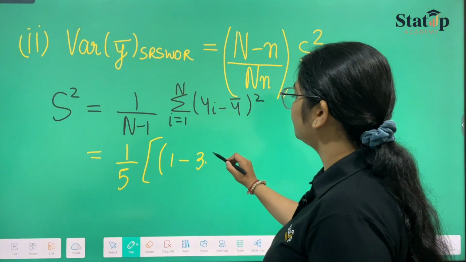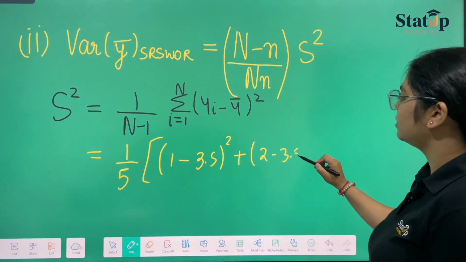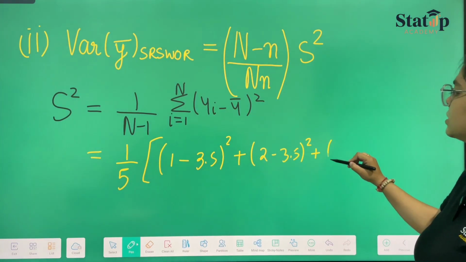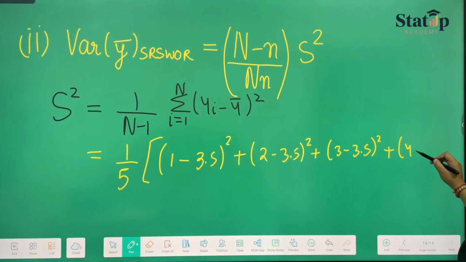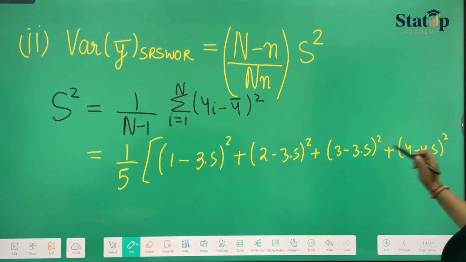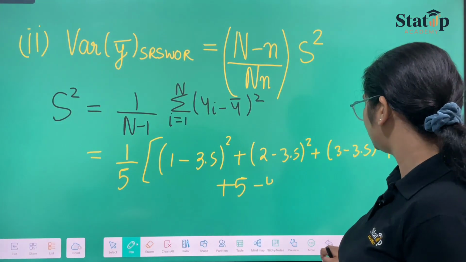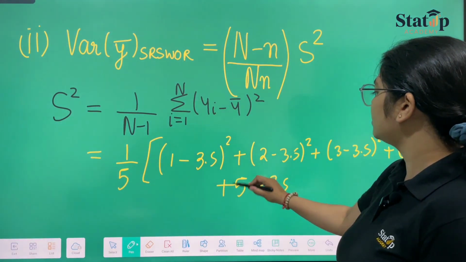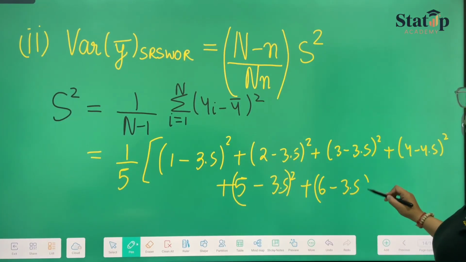1 minus 3.5 whole square, plus 2 minus 3.5 whole square, plus 3 minus 3.5 whole square, plus 4 minus 3.5 whole square, plus 5 minus 3.5 whole square, and 6 minus 3.5 whole square.